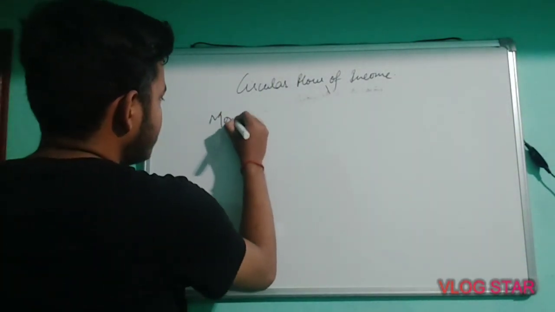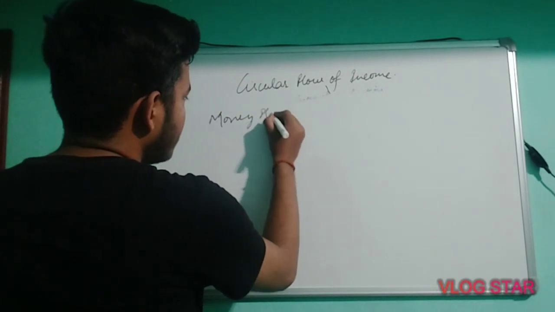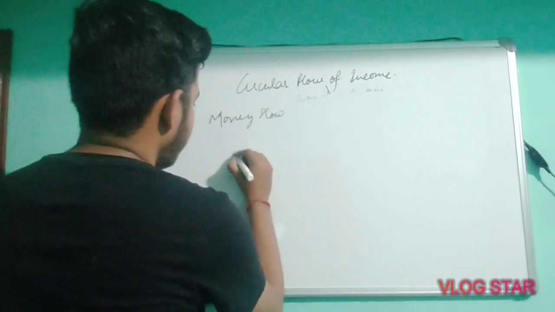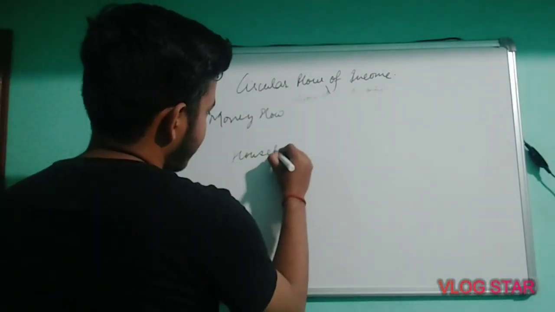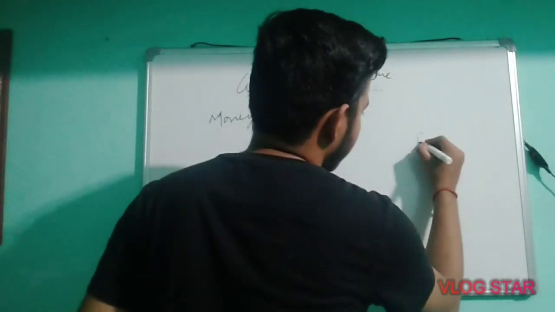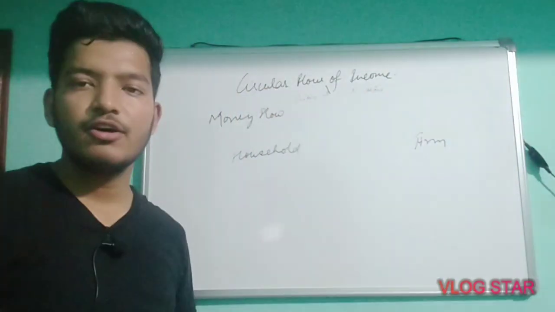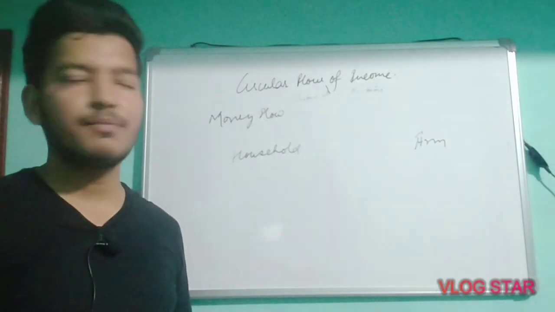Money flow in the two sector model means there will be no involvement of goods and services and factors of production.